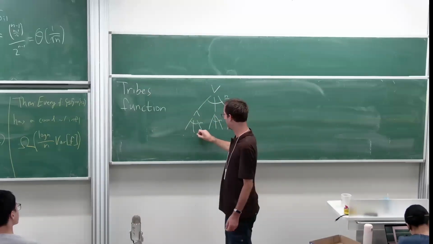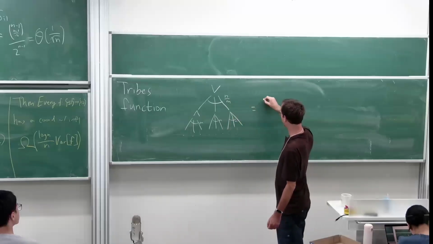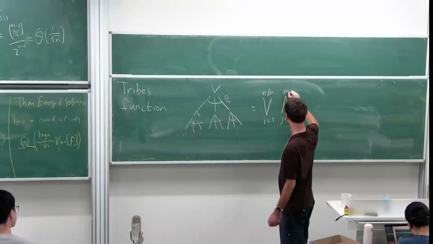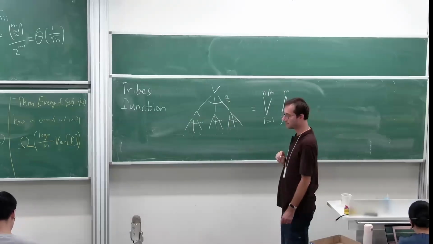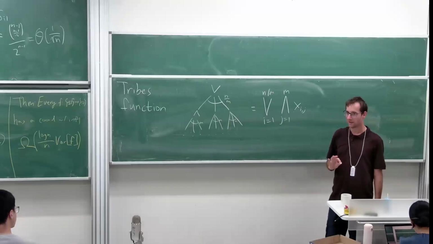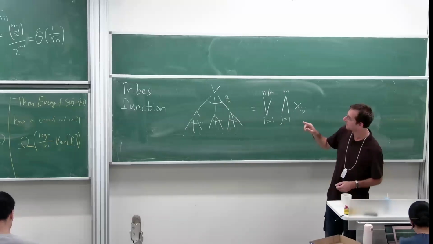And all of these are the inputs. Or if you want to write it explicitly, this is OR of i between 1 to n over m, and AND of j between 1 to m of x_ij. We're going to figure out the parameters in a bit. So this is a read-once DNF.